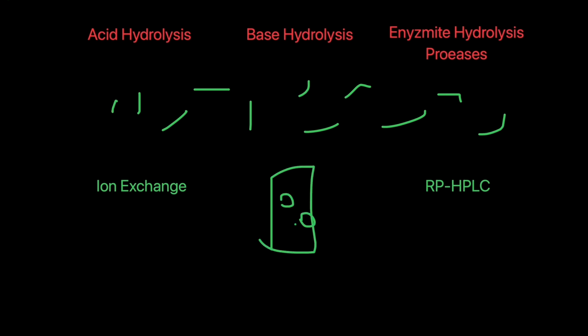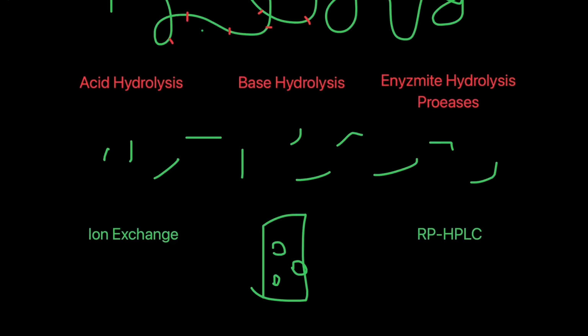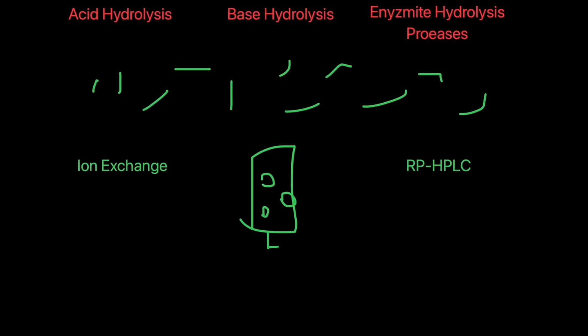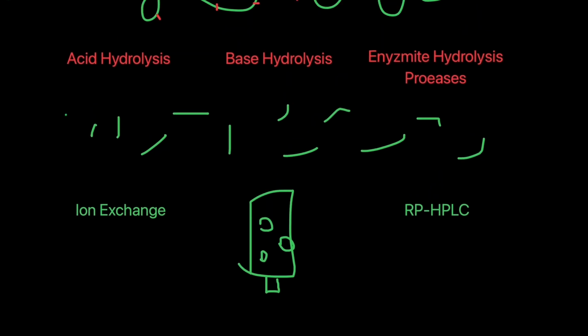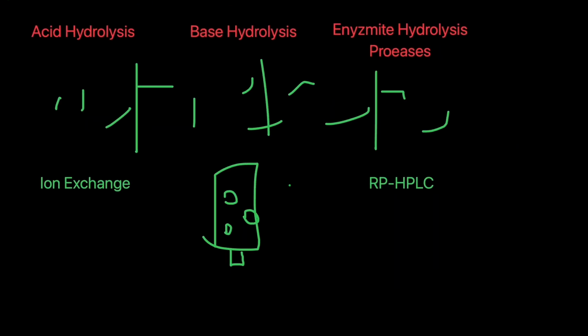This time, instead of attracting the proteins to the beads, you would use ion exchange to attract the amino acids and filter them based on their charge. You can do that by altering the charge through the salt and pH value of the solution.